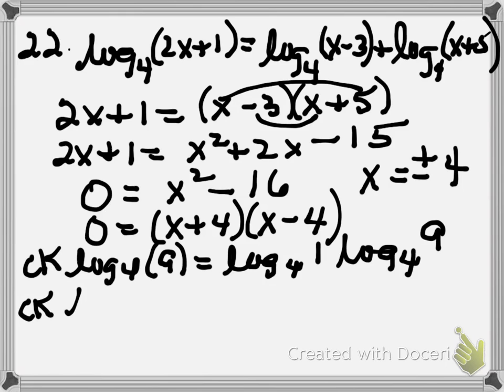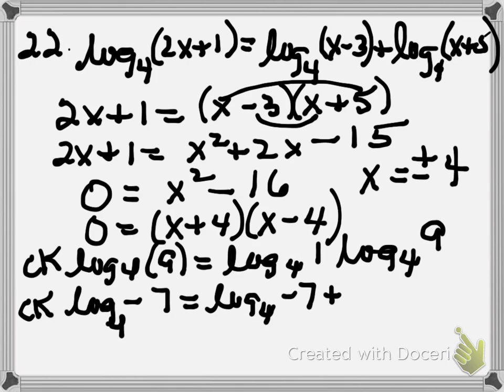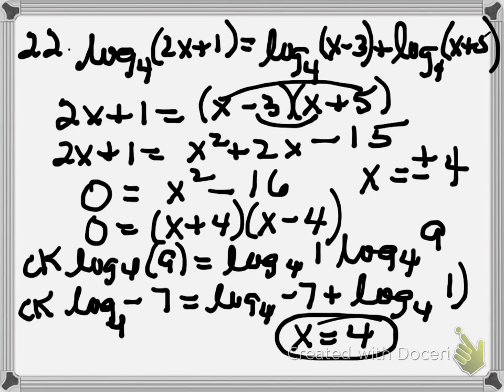If I check the log of 2 times negative 4 is negative 8 plus 1 is negative 7 equals the log base 4 of negative 4 minus 3 is negative 7 plus the log base 4 of negative 4 plus 5 is 1. That means I have to exclude negative 4 as a solution. So x equals positive 4 is the only one that works.